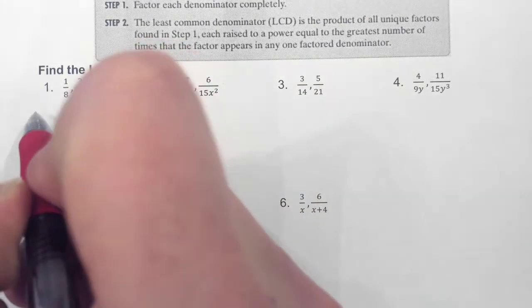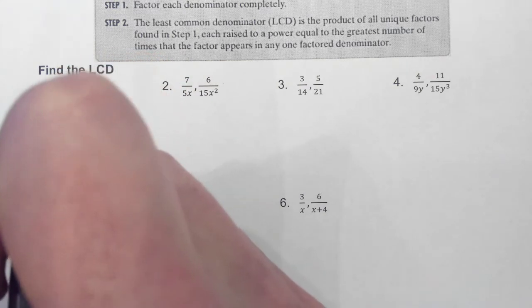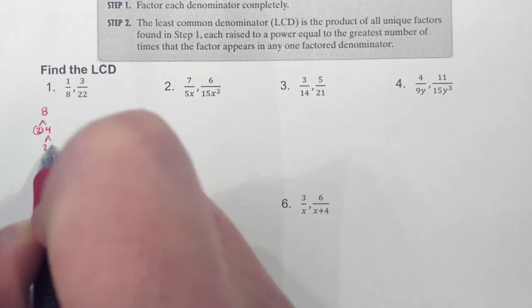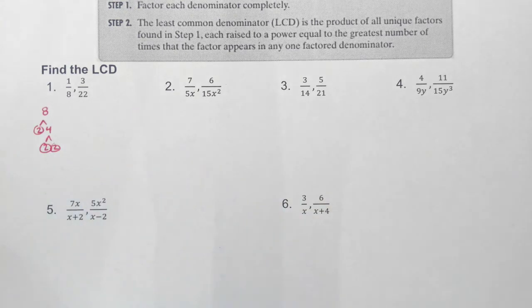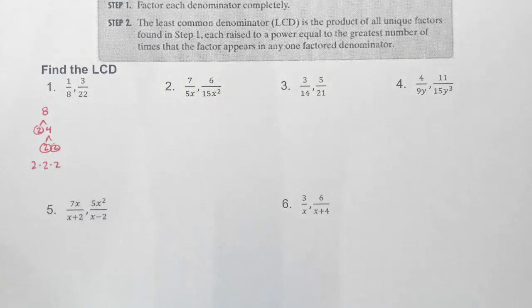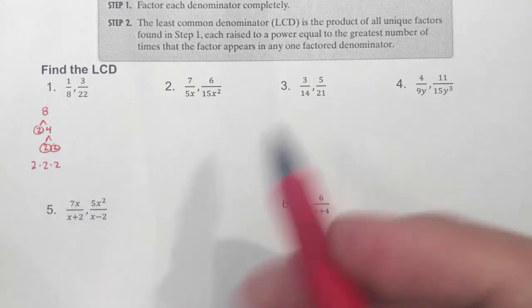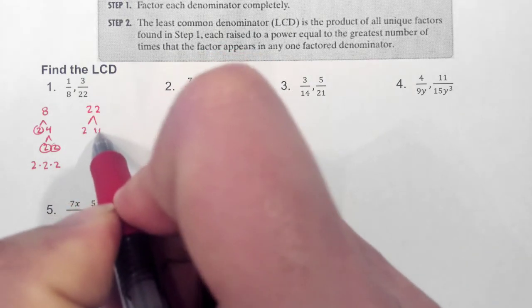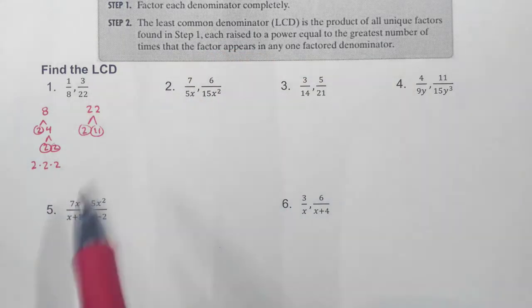If you remember factor trees, you would do 8 is made up of 2 times 4, and 2 is prime, and 4 is 2 times 2, and both of those are prime. So 8 is 2 times 2 times 2 as a product of primes. For 22, it is 2 times 11, and both of those are prime.